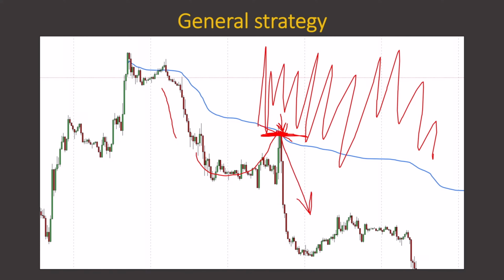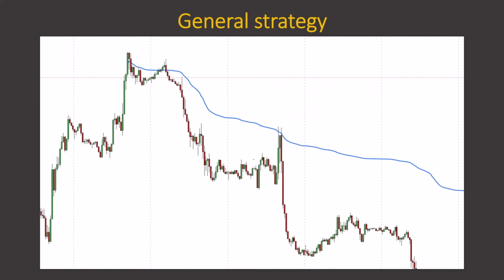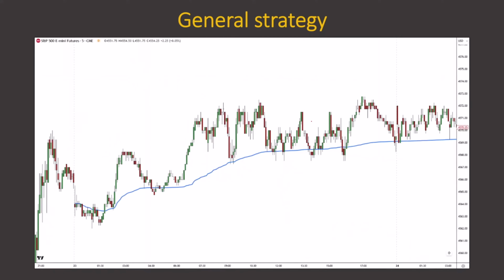So the general strategy for a short trade is: wait until the price is below VWAP, wait for the pullback to VWAP, and short from there. That's the general strategy for a short trade. Now, for a long trade scenario, it's the same, only reversed.